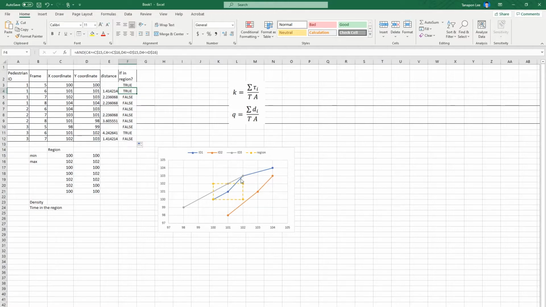But at the third frame, frame 7, he's already outside. So the idea is that we're going to consider him inside for frame 5 and frame 6, but not frame 7. So that's what we're going to do.